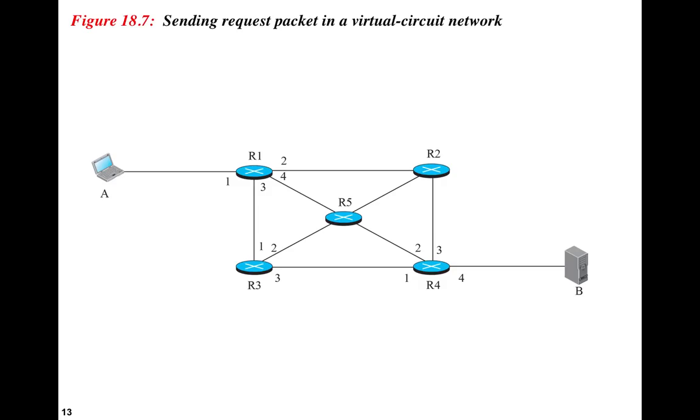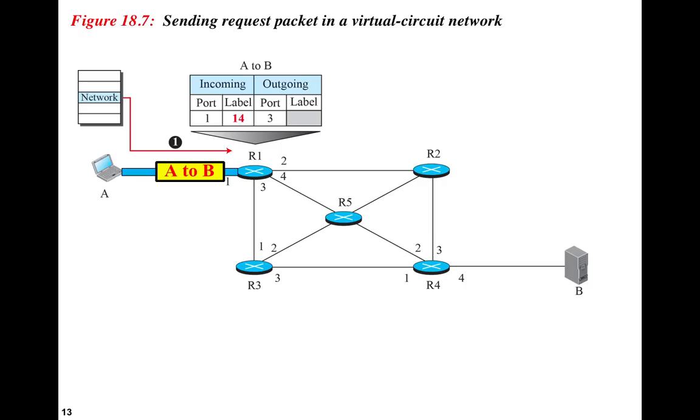In this case, A is first sending the request packet. It arrives at R1. R1 looks at its routing table and knows that it will send it to R3. However, before doing that, R1 will create entries in a different table, the table for the labels.